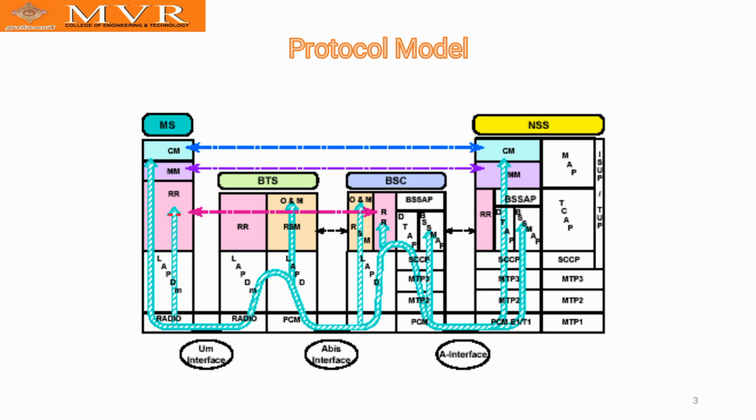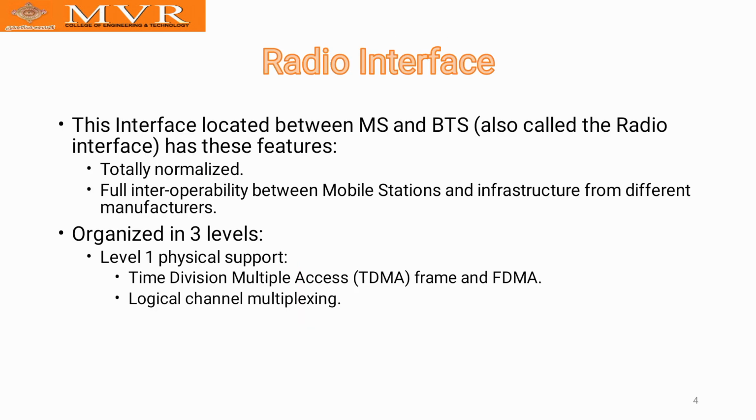The mobile station to BTS interface is the Um interface, BTS to BSC is the Abis interface, and BSC to NSS, the interface used is the A interface. They communicate with each other to implement the protocol model and radio interface.